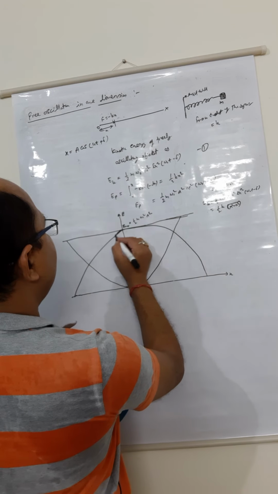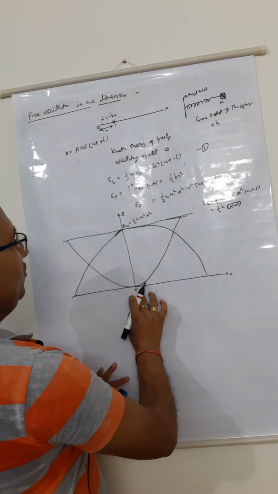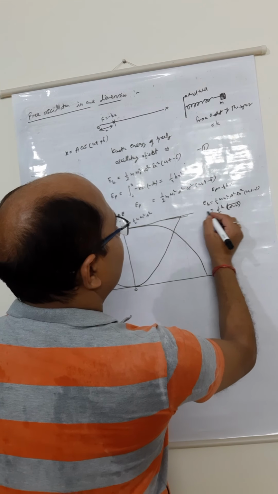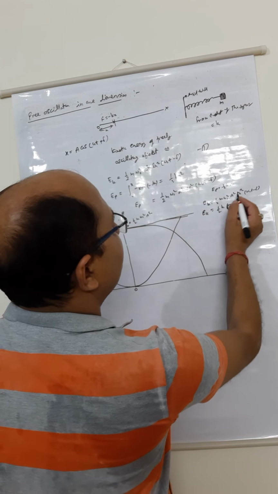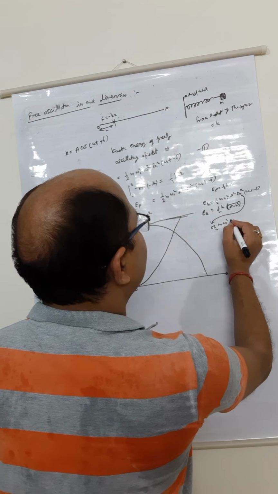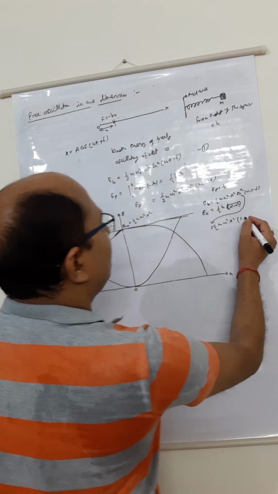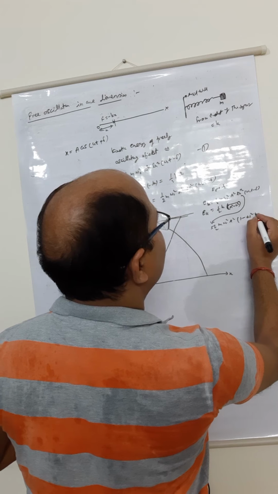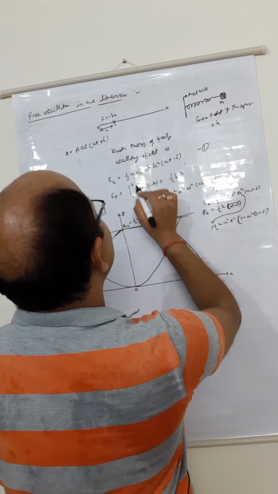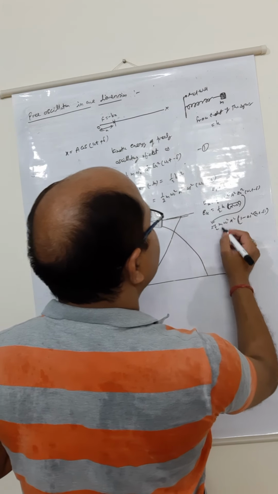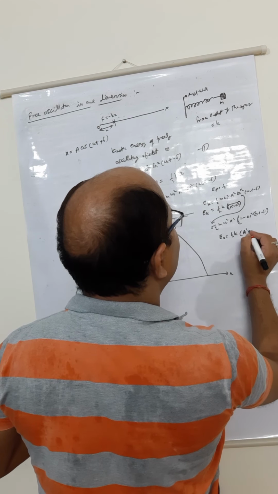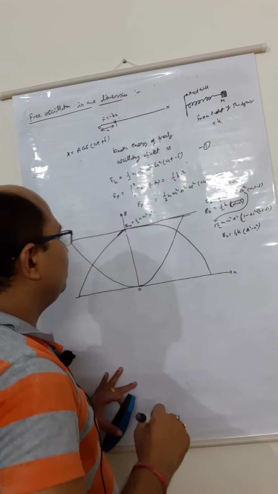This is the parabola whose origin is shifted to this, because it has been written as Ek is equal to 1 upon 2, or here you can derive it mathematically, 1 upon 2 m omega naught square A square into 1 minus cos square omega naught t minus delta, and from this we get Ek equals 1 upon 2 k into A square minus x square.